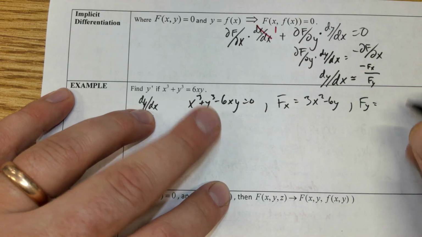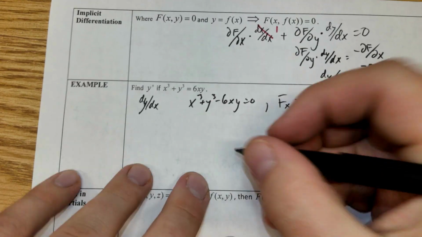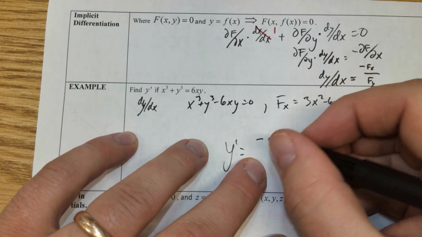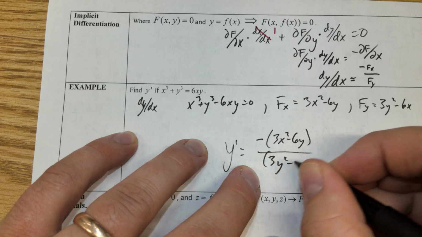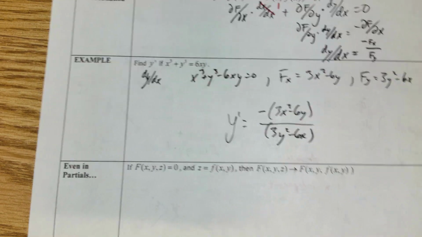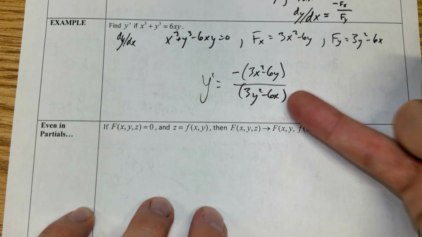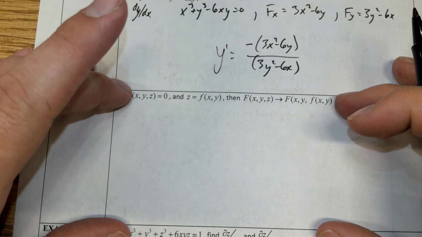Big F sub y is 3y squared minus 6x. And now, I'm done. Free. Just like that. Negative f sub x over f sub y.